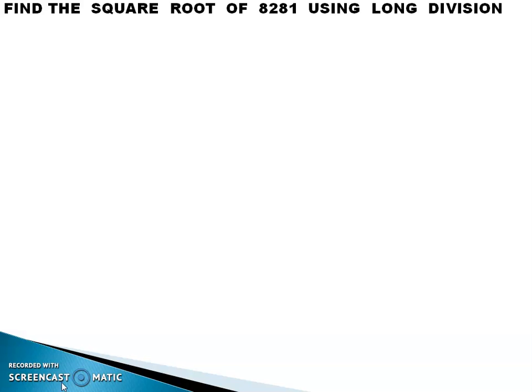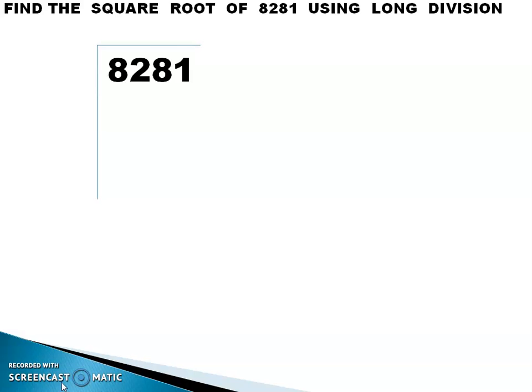So let's see what is the first step. Long division means this symbol is a must, isn't it? Now you are going to write 8281 inside the symbol. Now the next step is pairing the numbers.